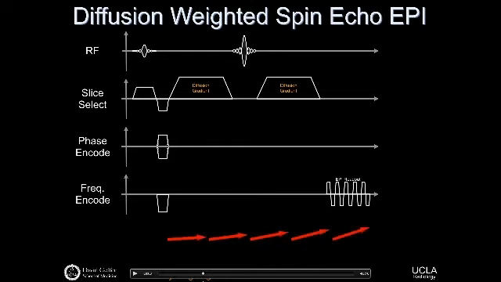In the presence of gradients, they'll obviously dephase some, slightly different frequencies depending on where they are in the field. Sorry, that's the presence of the diffusion encoding gradient. So a really strong diffusion encoding gradient will cause spins to dephase even more.